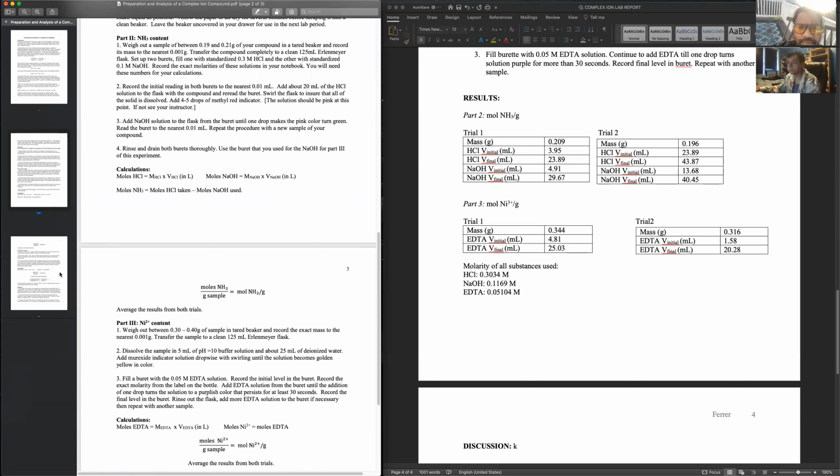Part 2. What is it asking me to do in these calculations over here? So you have to calculate the moles.